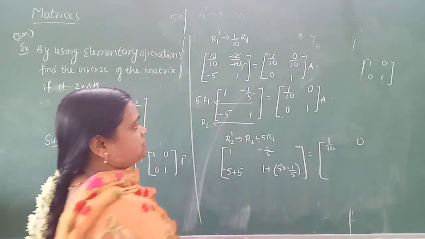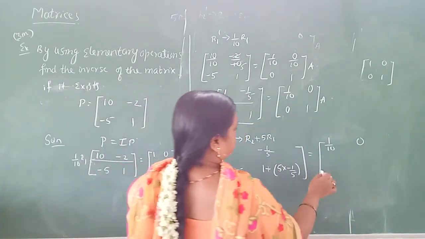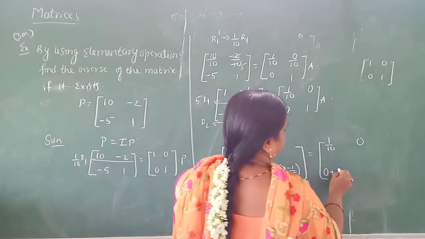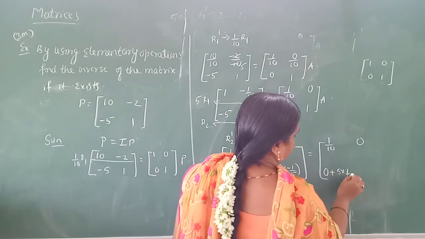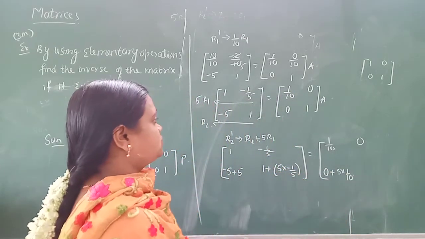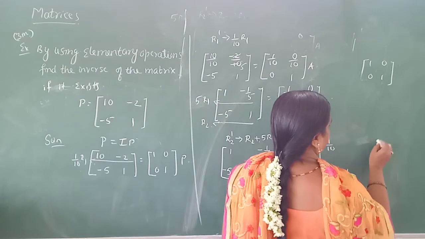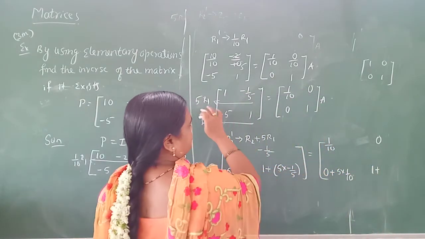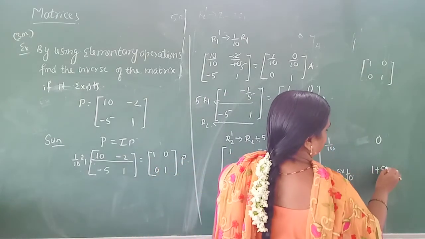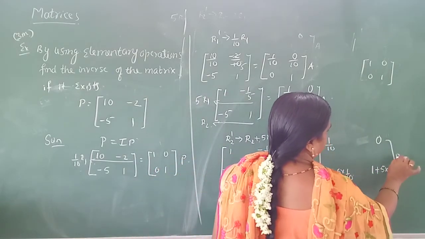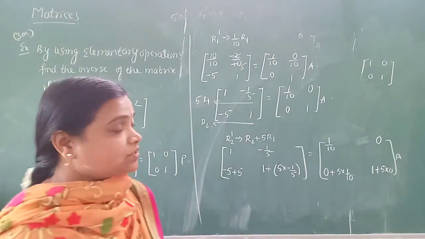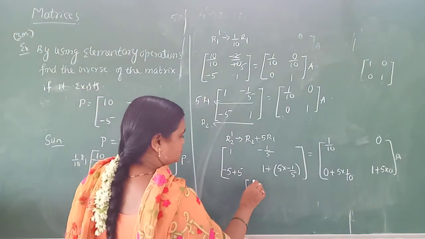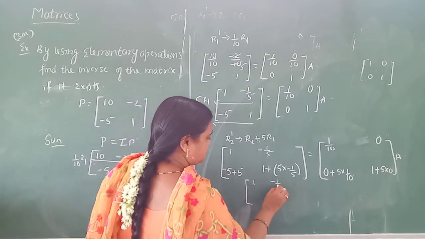Only the second row changes, therefore we write 0 plus 5 into 1 by 10. Okay. Next, 1 plus 5 into 0. Okay, means we will get 1, minus 1 by 5.